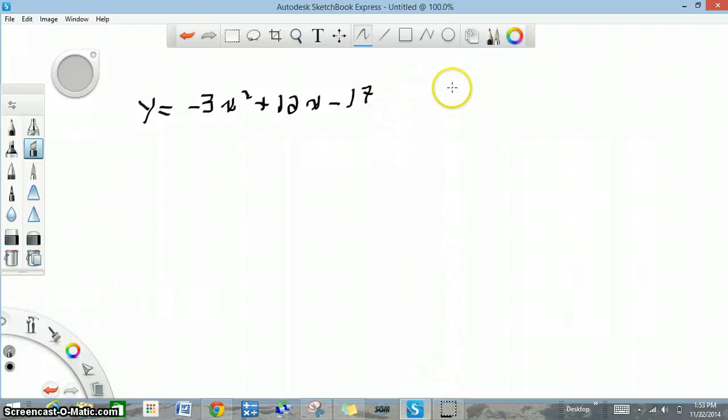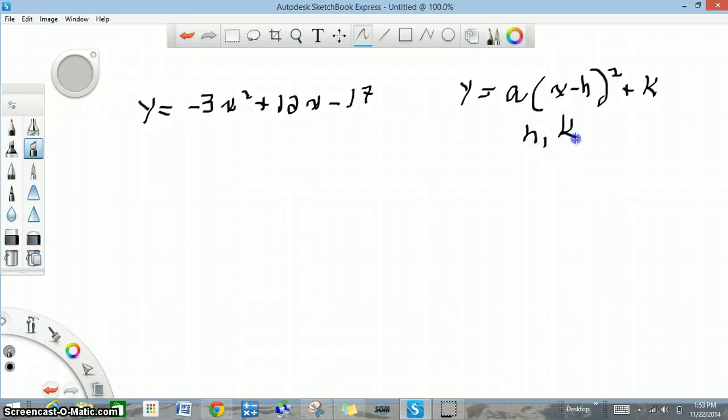Now, in order to get this into our vertex form, our answer is going to have to look like y equals a(x minus h) quantity squared plus k, where (h, k) equals our vertex.